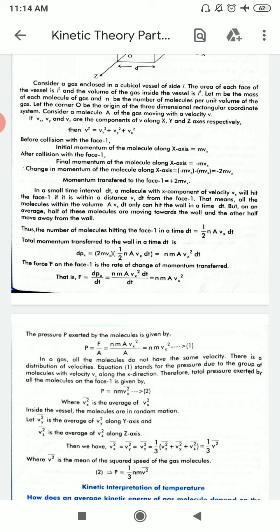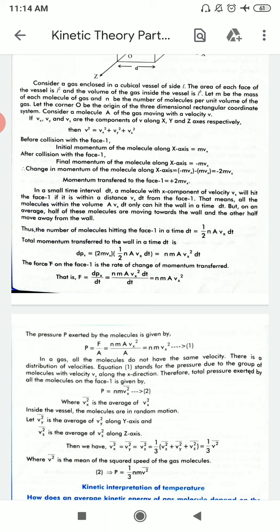Then the total momentum transferred to the wall in the time dt is dPx equal to 2mVx times half n A Vx dt. The 2 gets cancelled, so the equation is n m A Vx square dt.